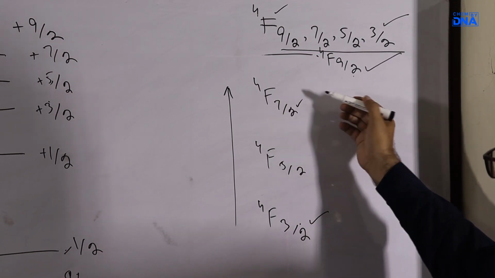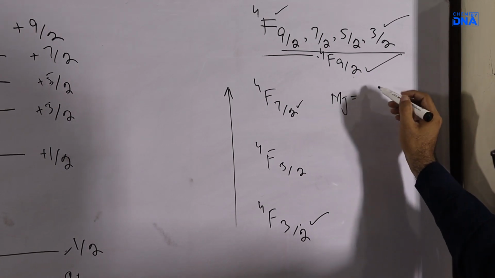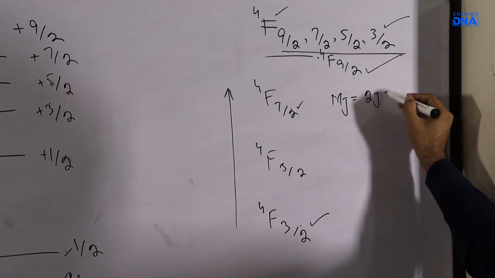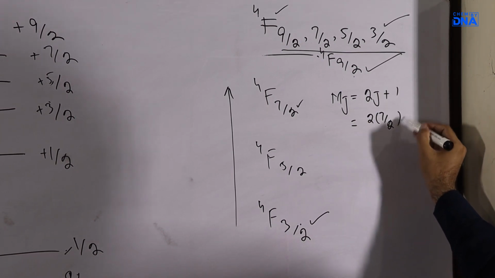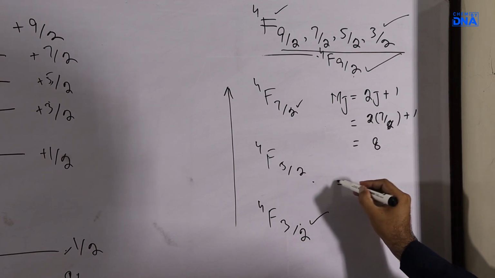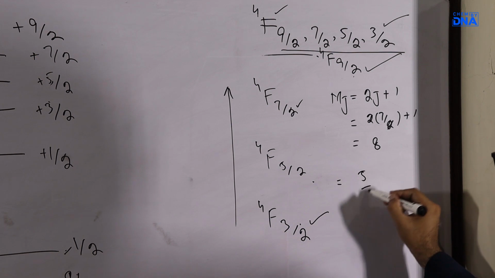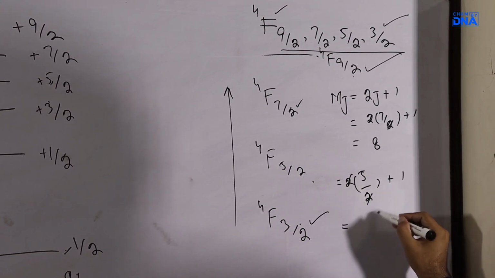So from this J value you can simply calculate their MJ values, that is 2J plus 1. You will get over here 7 by 2 into 2 plus 1, total 8. In this case you will get 5 by 2 into 2 plus 1, total 6.